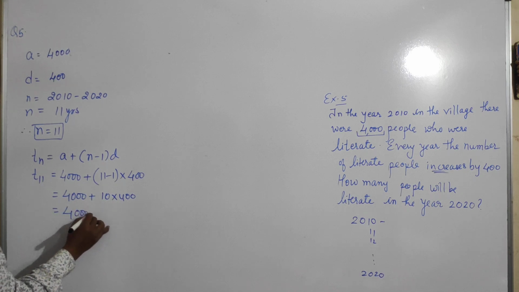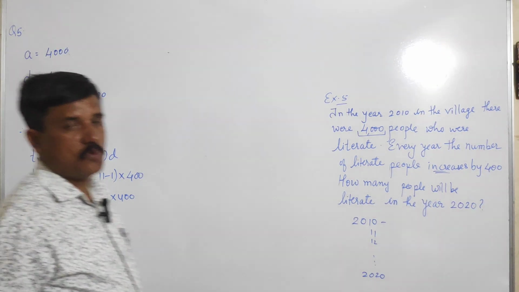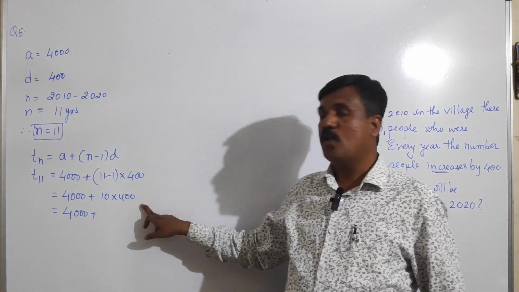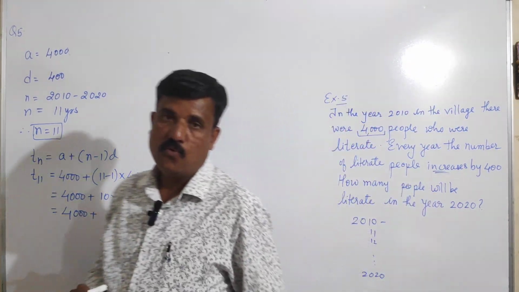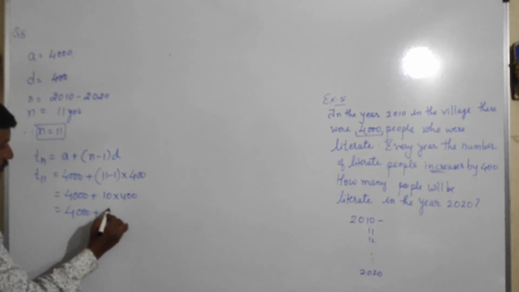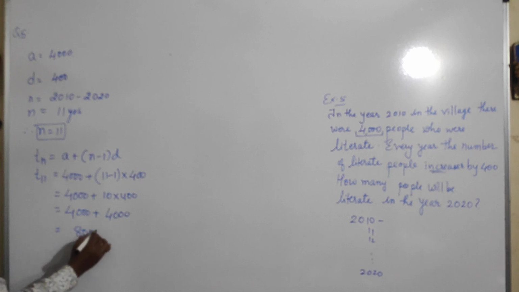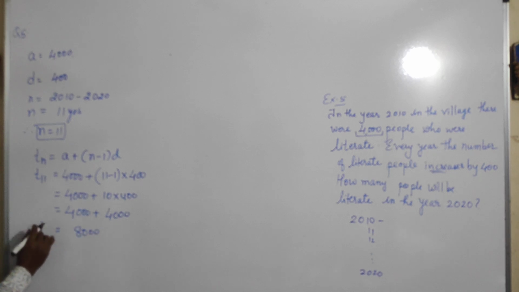Which formula do you apply? BODMAS rule. BODMAS rule means what? You have to multiply first. 10 into 400 is 4,000. Okay? So 4,000 plus 4,000 is 8,000.